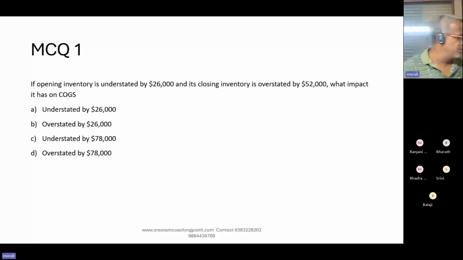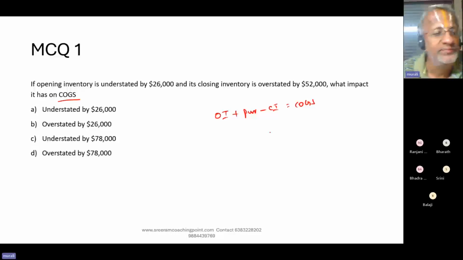So your cost of goods sold equation comes like this: opening inventory plus purchases minus closing inventory equals COGS, because the question is about COGS. So where it is understated by 26,000 and overstated by 52,000.